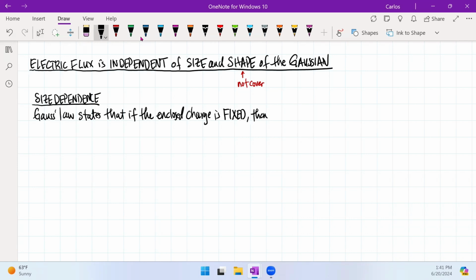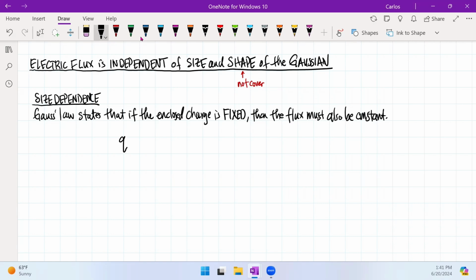Then the flux must also be constant. And there's only two variables. So that means they have to be inversely proportional to each other.